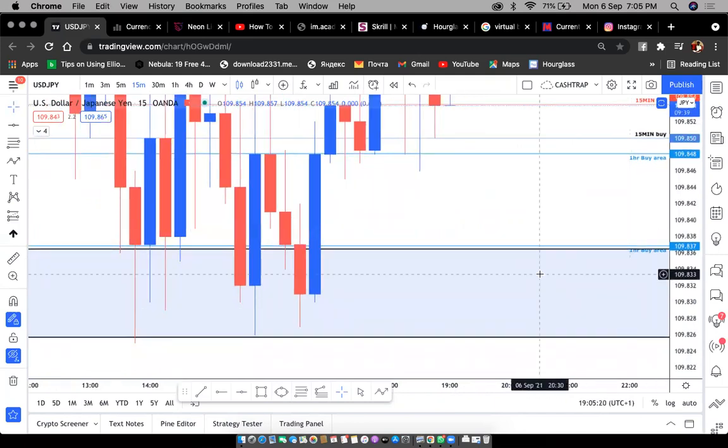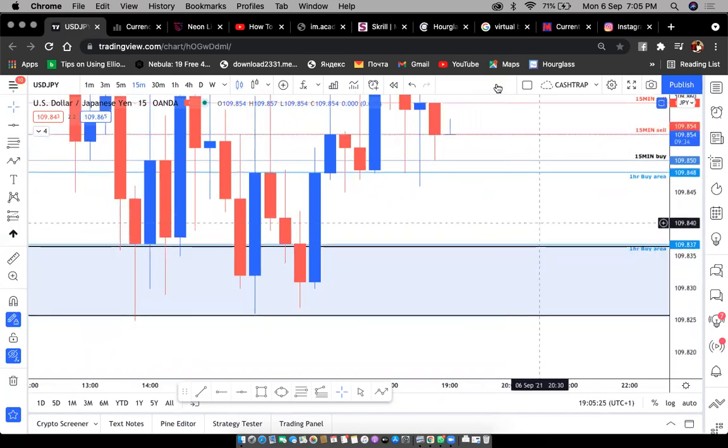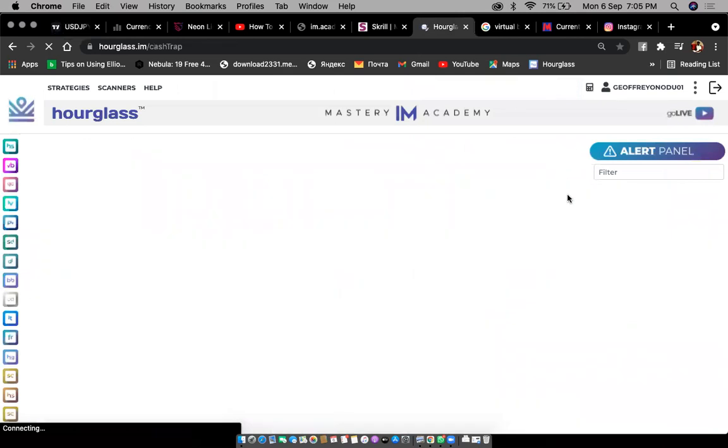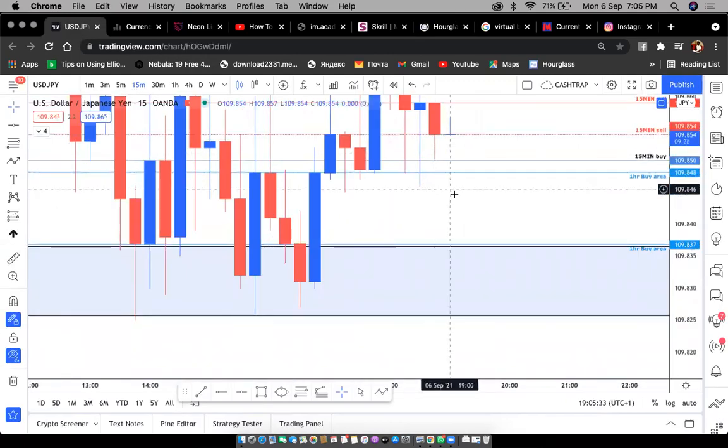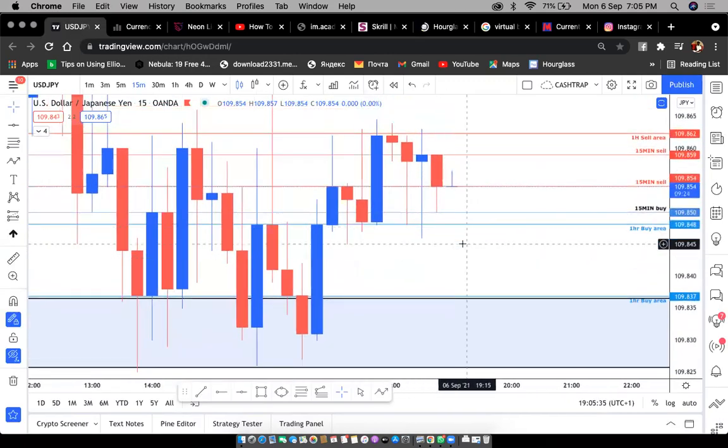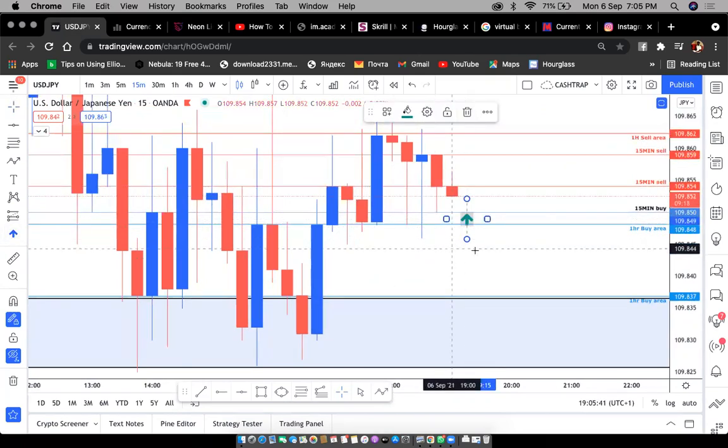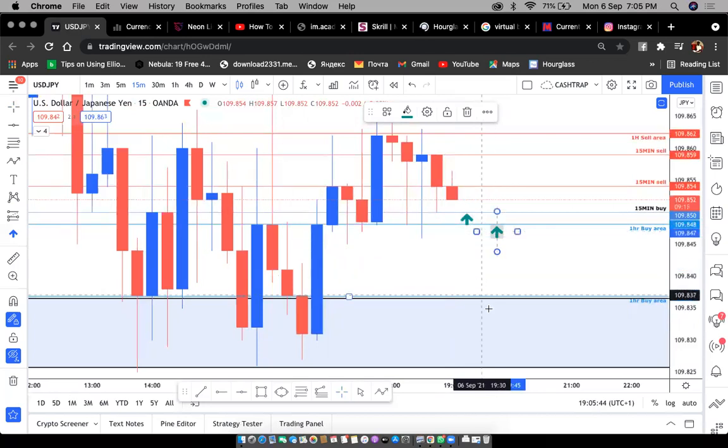Any one of these areas where you are looking to take a trade. How do you know which of them you want to take a trade? It's simple. Look for the particular one that you have cash trap give you an up arrow with at least 4 or 5 points trade. So it can come there, it can also come there, it can also come here. So you have 3 areas that you're looking at.